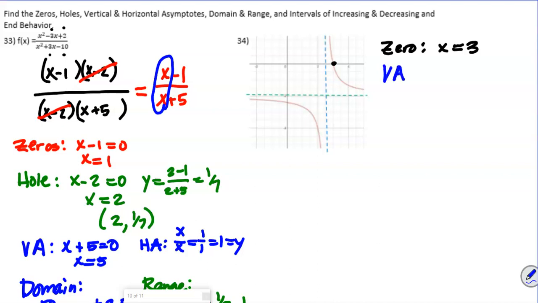Our vertical asymptote is here, so that looks like it's actually at x equals 2.5. And then our horizontal asymptote is y equals, it looks like it's at -2. So y equals -2. Doesn't look to me like we have any holes. So we're going to say holes, none, because there are no open dots.